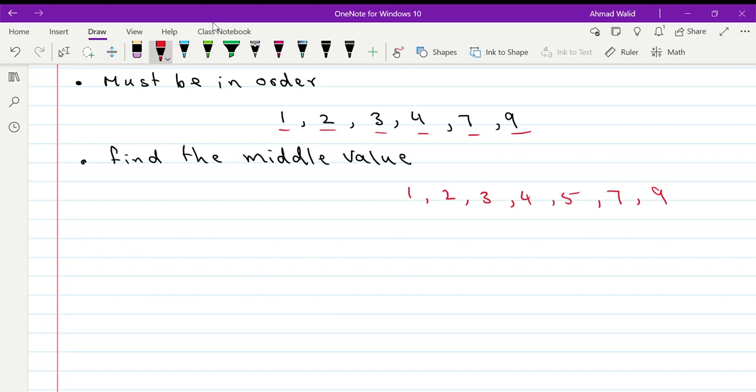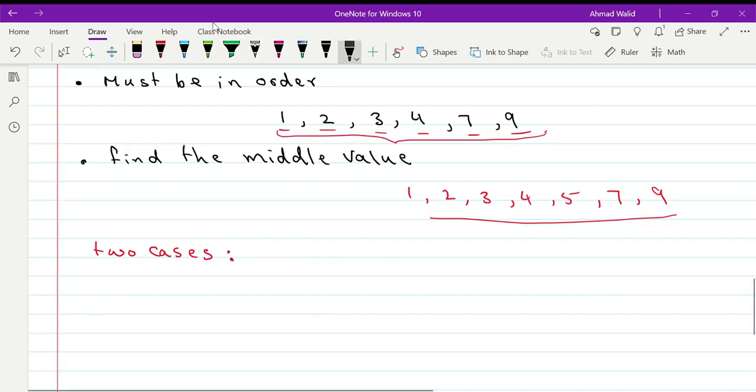Here I have 7 of them. Your data set can have an odd number of values or an even number of values. Then there are two cases here. How do we find the median if we deal with an odd number of data, and how do we deal with an even number of data?